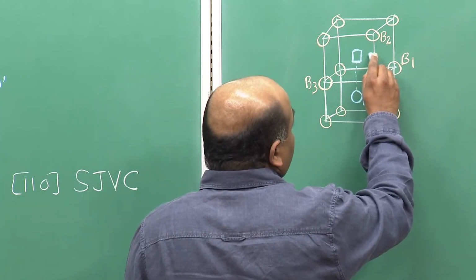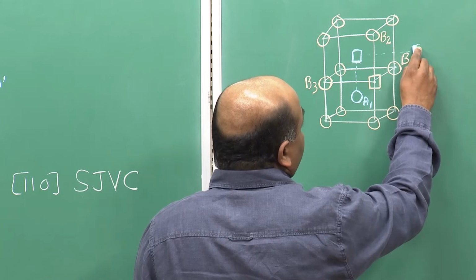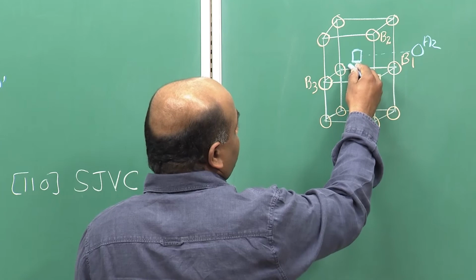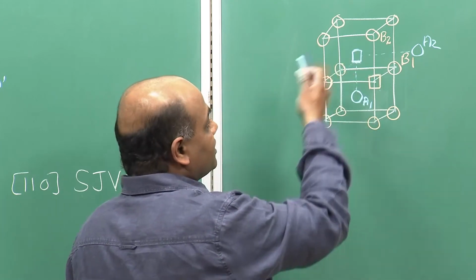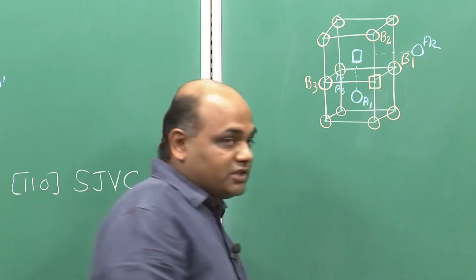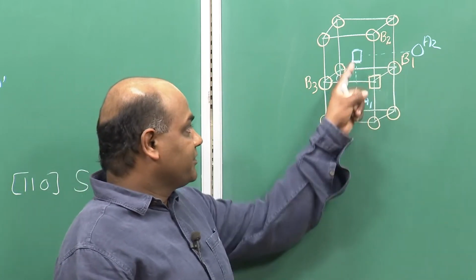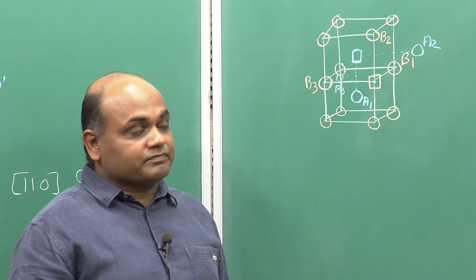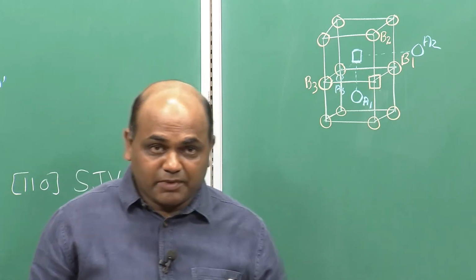The second A atom would be in the cube on the right side, and the third A atom would be in the cube which is placed in front of this top cube here. So, this is A3. These are the 3 atoms onto which the vacancy on A can jump individually. So, this is the divacancy mechanism.